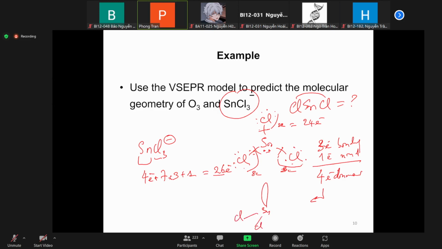Okay, so you remove this one. The final compound will have this geometry. So you will have trigonal pyramidal geometry.